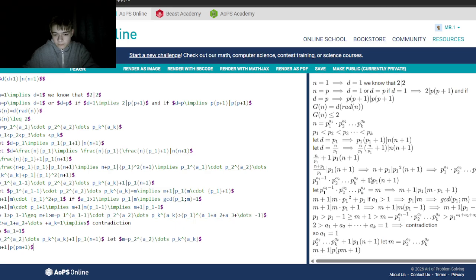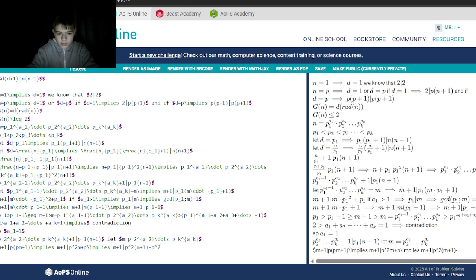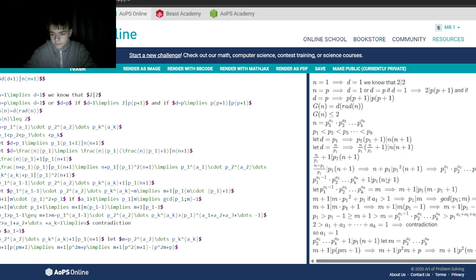Okay, and in this case we don't know that p and m plus 1 are coprime, so we have to do something without this. So we have m plus 1 divides p squared times m plus p, and this implies that m plus 1 divides p squared times m plus 1 minus p squared times m plus p, like this.